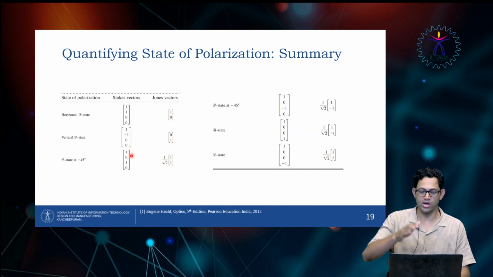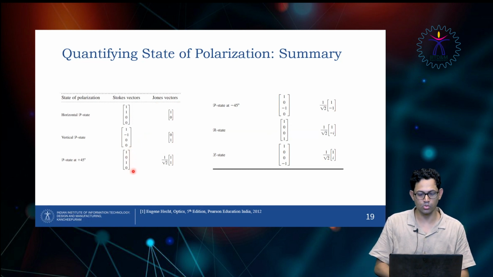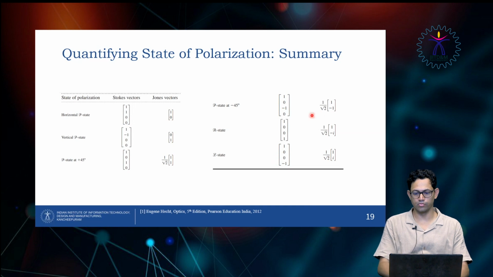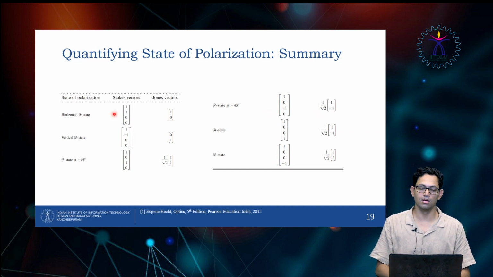A plane wave polarized in a particular angle, for example 45 degrees, is 1 0 1 0, but in the case of Jones vector is 1 1, and you have a normalization of 1 by square root of 2. And similarly it goes for minus 45 degrees. Then you have right circular polarized light source, and then you have left circularly polarized light source. So all of them can be quantified in terms of Stokes vector and Jones vector.